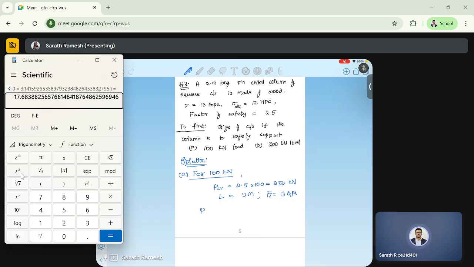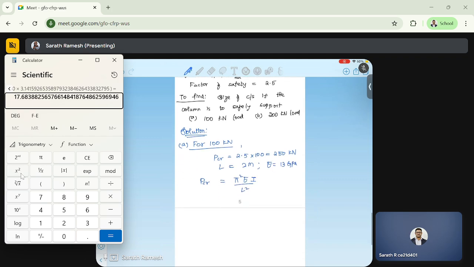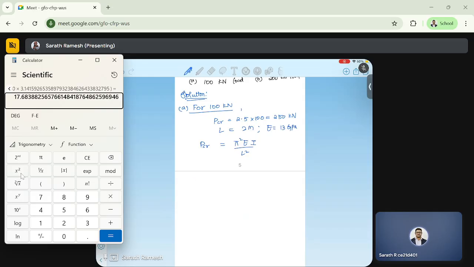Now we can write P critical as pi square E I by L square, simply supported. So 250 into 10 power 3 equals pi square into 13 into 10 power 3.